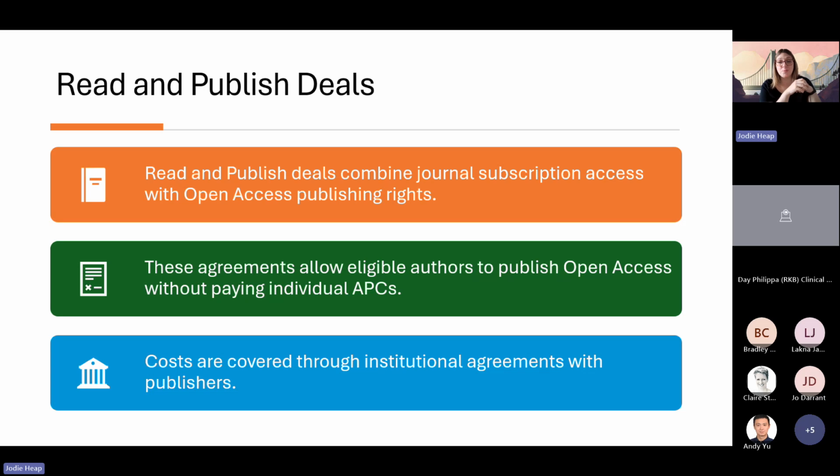So you get the sort of fancy gold level option of publishing on those big suppliers' journal websites, but you don't personally have to pay the article processing charge. So sort of the best of all worlds, it's free because of the deal that the library has in place, and you get that gold level access.